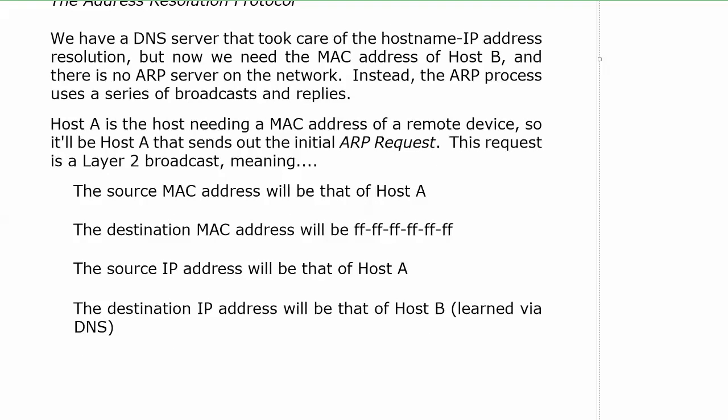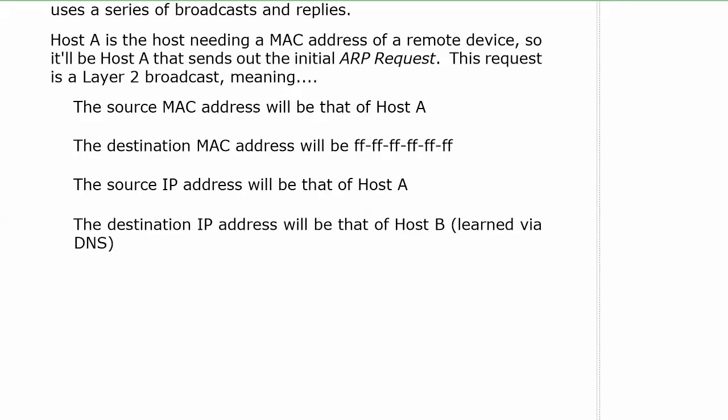And what this means, the source MAC address of this request is going to be that of host A. The destination MAC is going to be the all F's address because that is our layer 2 broadcast address. The source IP address will be that of host A, and the destination IP address will be that of host B, which was learned via DNS.